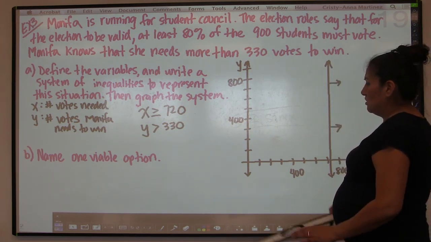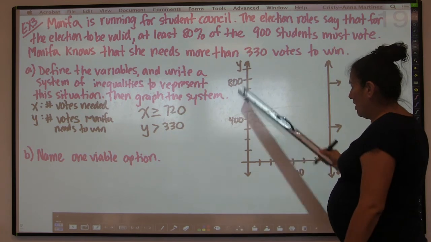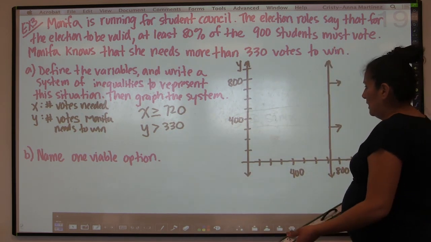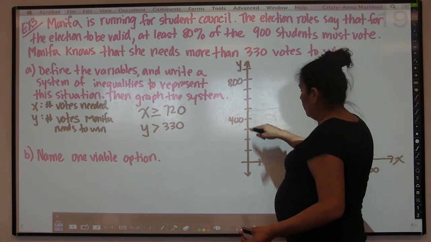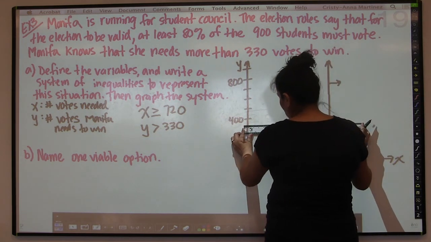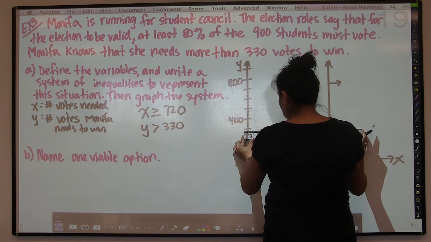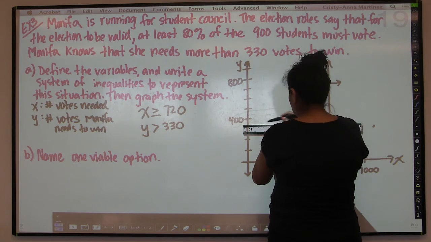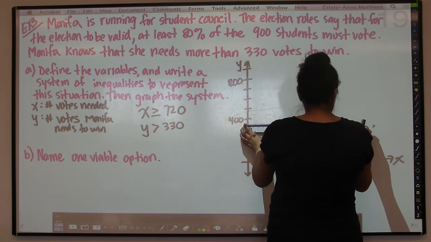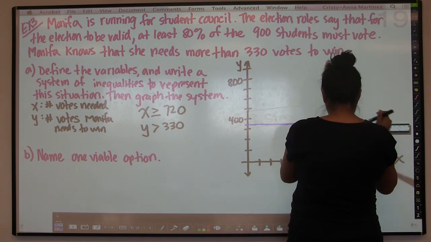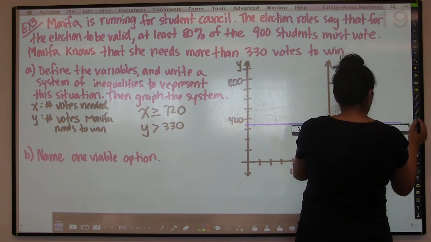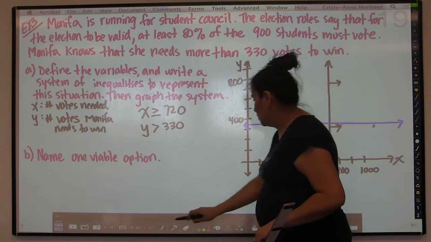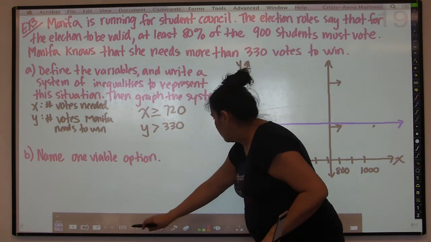And then for the horizontal, we have to find 330 on the y-axis. Again, the x variable is missing here, so that's how we know it's a horizontal line. This is 300, this is 400, so it's not quite 350, so a little bit below that. Of course, it's not going to be exact, but you'll get the gist. And I got to keep my line going over here. Like so, and that line should have actually been dashed, so let me adjust that real quick.